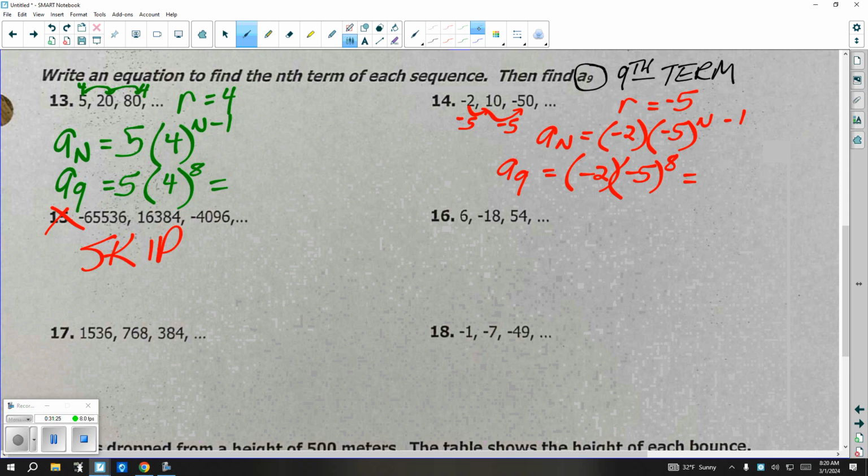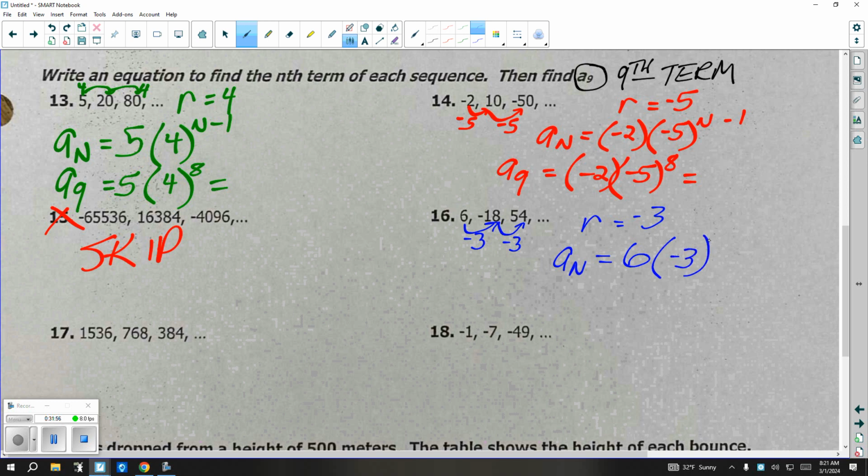That was Blue's Clues. Multiply by -3. Multiply by -3. That means R is -3. Okay, that's cool. So then the nth term for any term is going to be the first term, 6, and then R to the n minus 1.